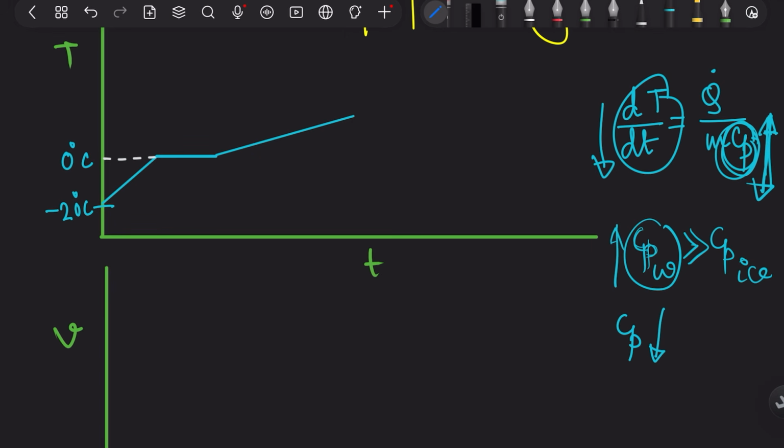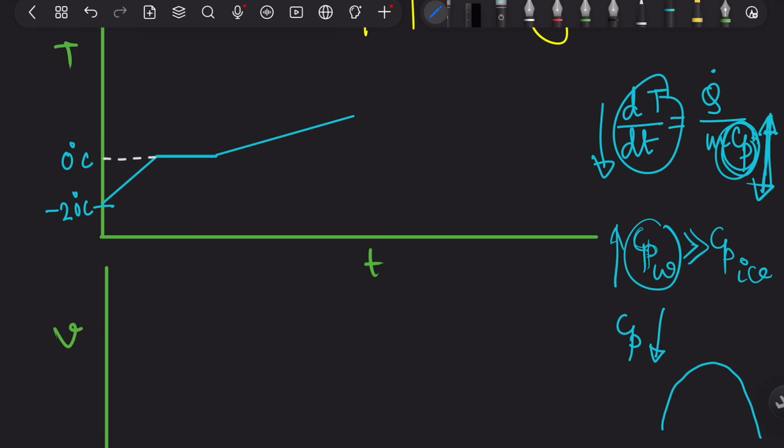I think the variation is like this, it will go up and it will decrease. Just for the sake of correctness, let me check with Google, Cp of water variation. See, these are just your facts.